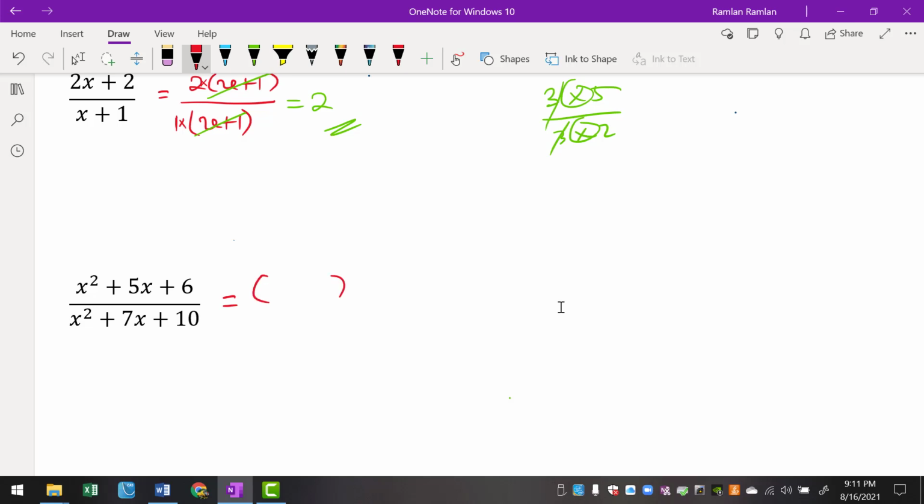So if I write it down like this, guys, as in factorization in my previous video, this can be factorized as x plus 2 times x plus 3. If you don't know how to do it, go back to my previous video on how to factorize a quadratic expression like this one. Basically, you find two numbers that multiply to equal 6.